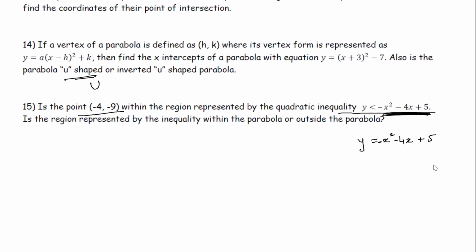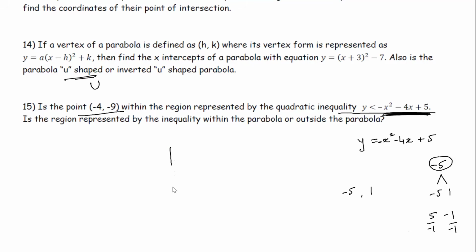So I got -5, and I need to get -4. So -5 and 1 gives me -5 and -4. Now, I need to flip the sign, but then I'll have to divide it by -1 because I multiplied by -1 to get -5 out here. So my answer remains -5 and 1.